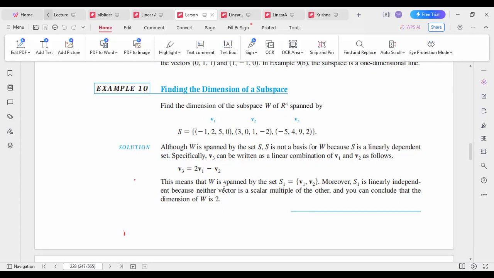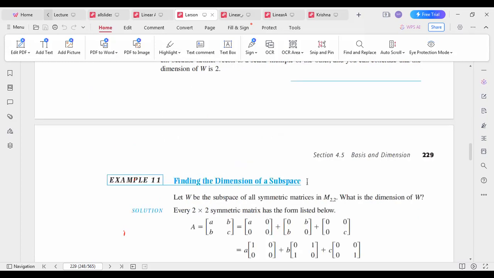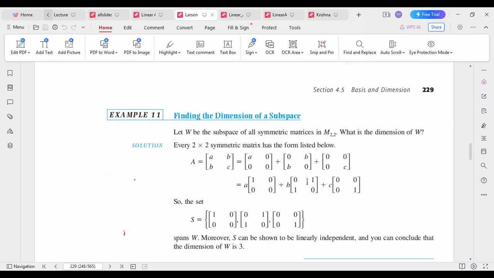This means that W is spanned by only v1 and v2. Moreover, this set is linearly independent because neither vector is a scalar multiple of the other. So you can conclude that the dimension of W is 2 because W is spanned by v1 and v2.